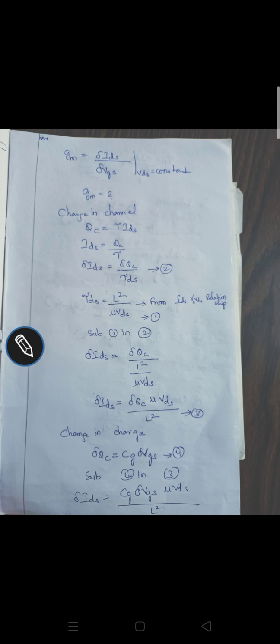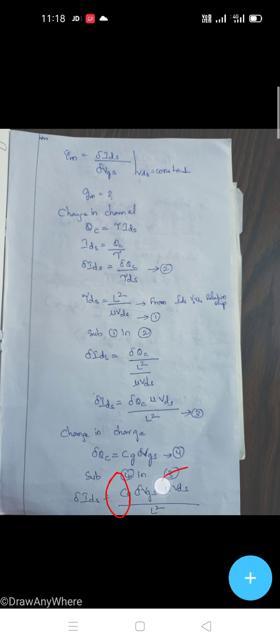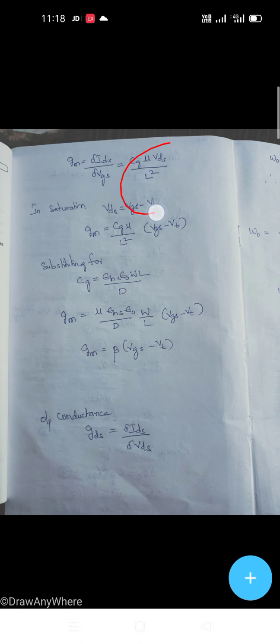We have derived delta IDS, so from delta IDS by delta VGS, the VGS will cancel. The remaining factor we are left with is CG into mu VDS by L square. So the transconductance factor GM is equal to delta IDS by delta VGS, that is equal to CG into mu VDS by L square. This is the transconductance factor.